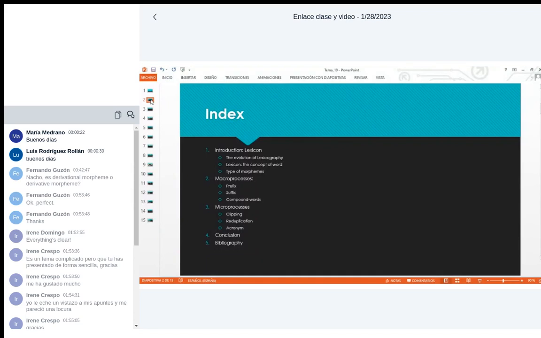The macro processes are attaching new suffixes or prefixes, or just roots to other words, or to just roots to form new words. And then we've got the micro processes, which is the other way around, which is shortening or using just the initial letters to form a new word.